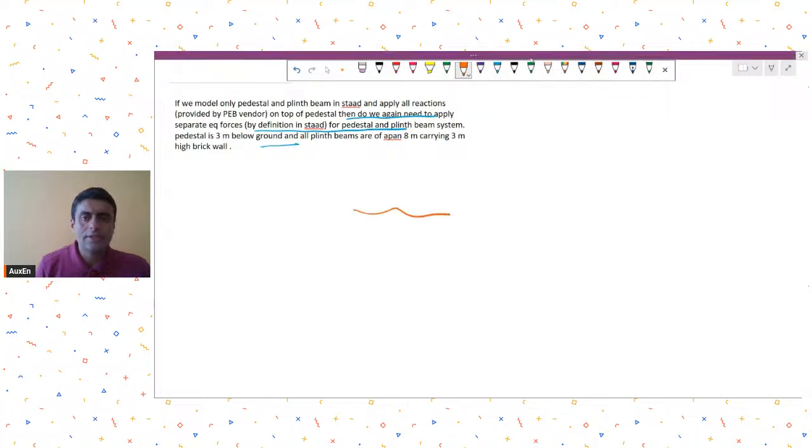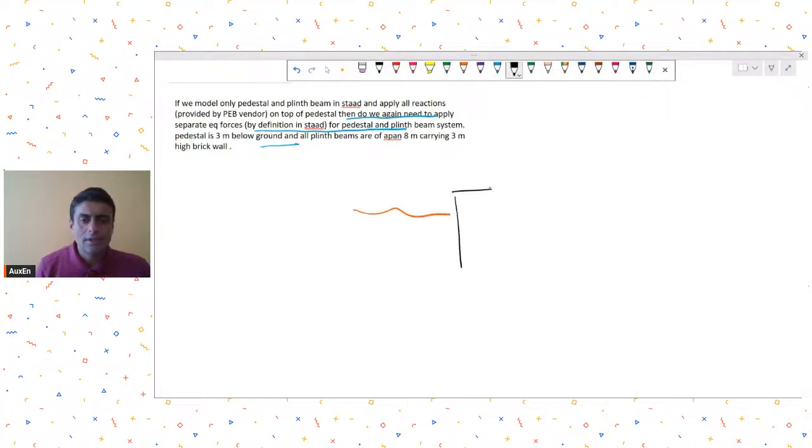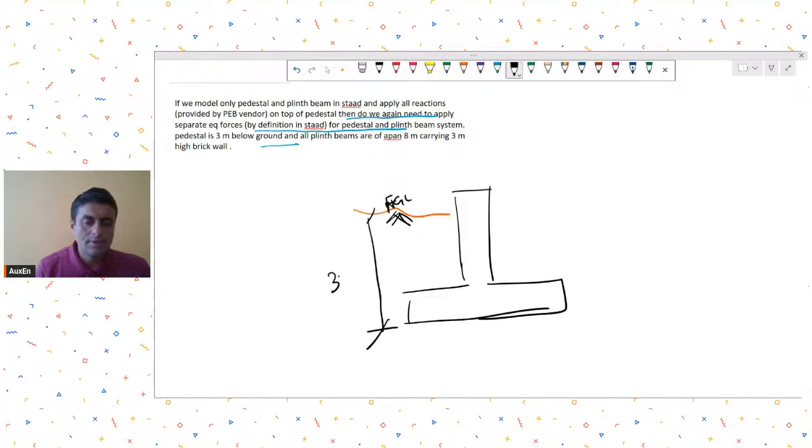Okay, so I think he's saying that the pedestal is like this, then you have a footing. This is the finished ground level, let's call it. So maybe he's saying this is 3 meters. I have taken the footing bottom to be 3 meters.